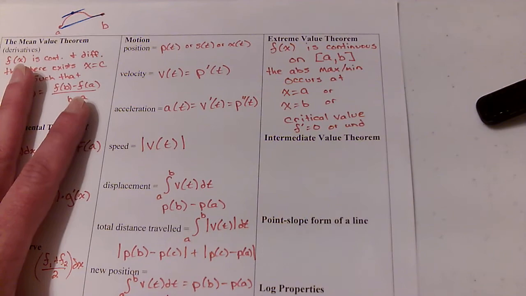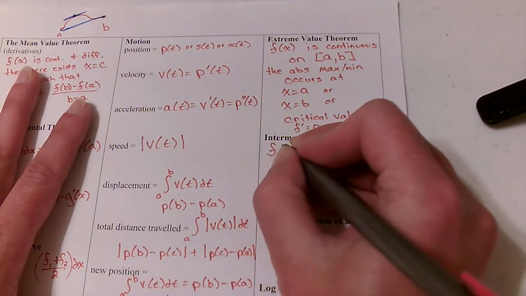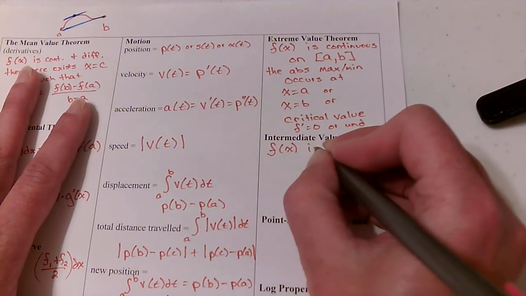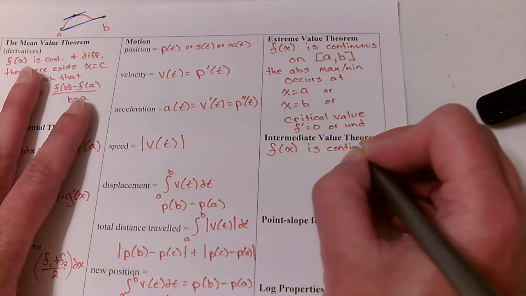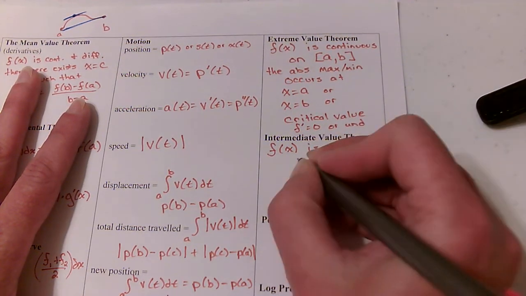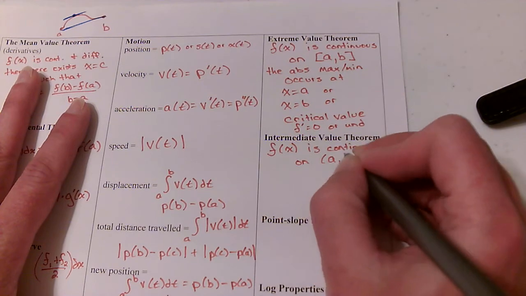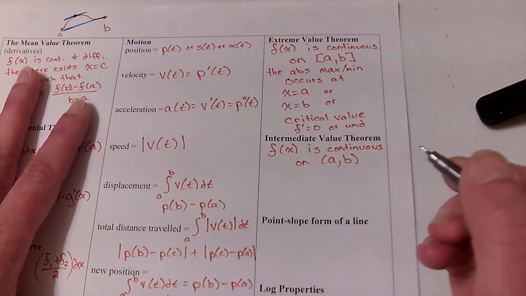Intermediate value theorem. Well, again, f of x has to be continuous. Now, on this one, it doesn't have to be a closed interval. It could be an open interval.